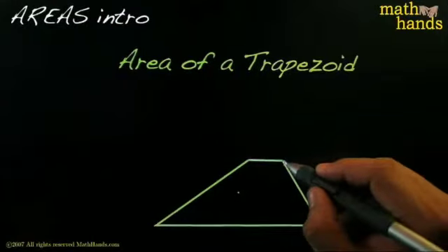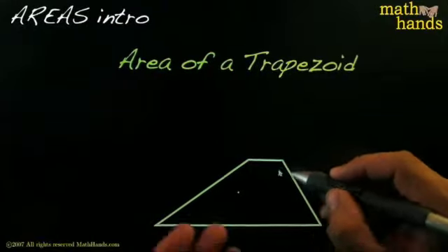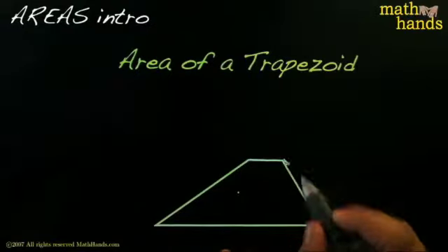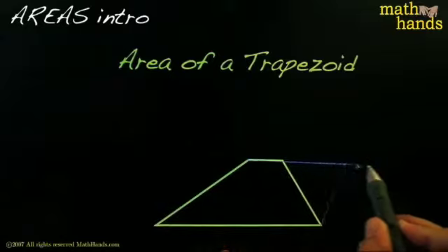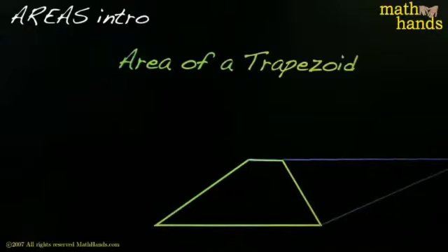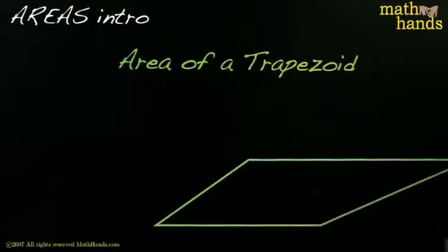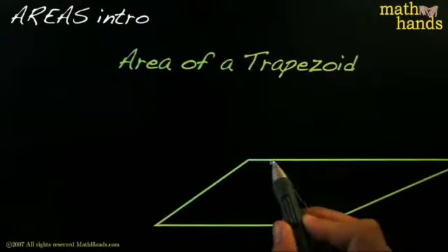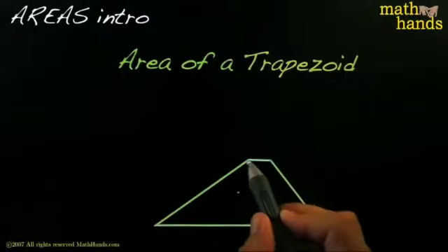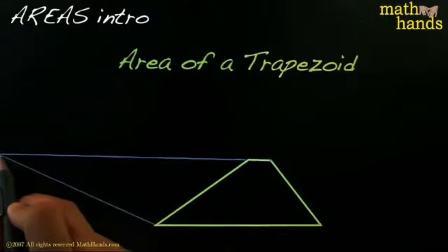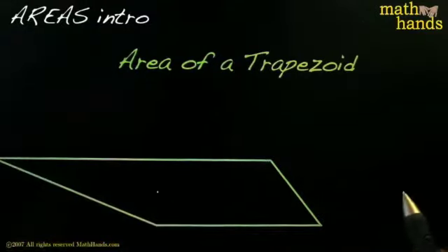So the question is, how does this affect the area if I leave these lines parallel, but I change the size of one of the bases? For example, say the top base. It doesn't matter the top or the bottom, to where they're no longer the same size. Maybe this top one's very small, the bottom one's much bigger, or maybe I change this one to an amazingly large number like that.